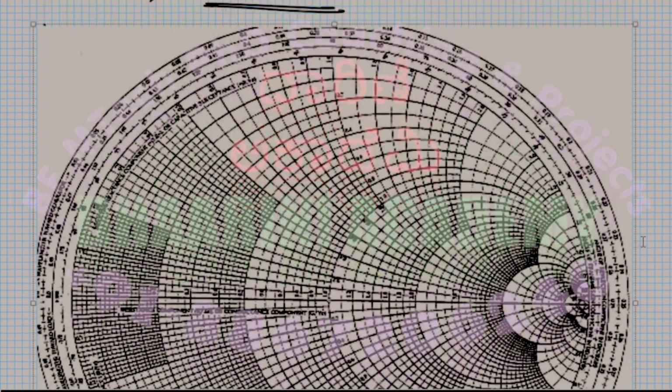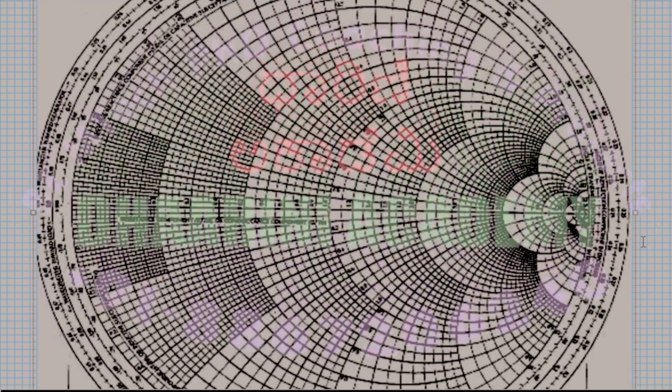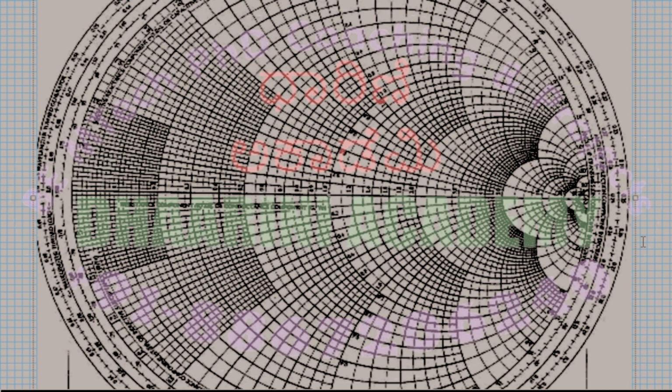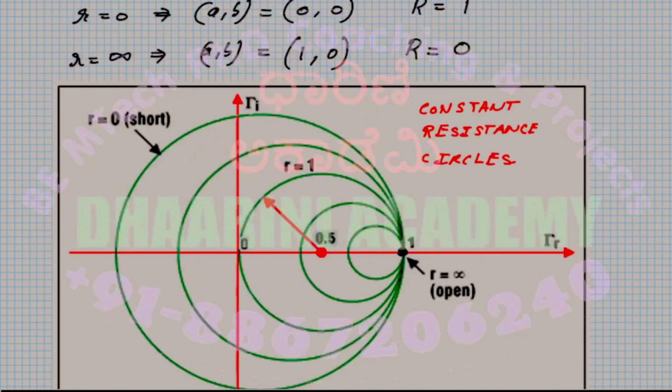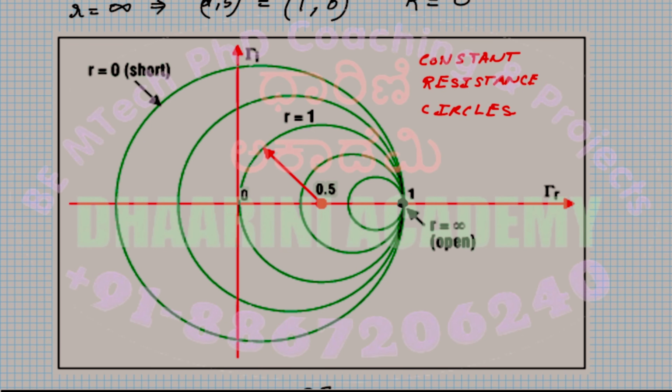Okay, now let me identify where do I find the constant R circles? They are the complete circles which we can see, right? For example, let me just go back and identify how the constant R circles look like.